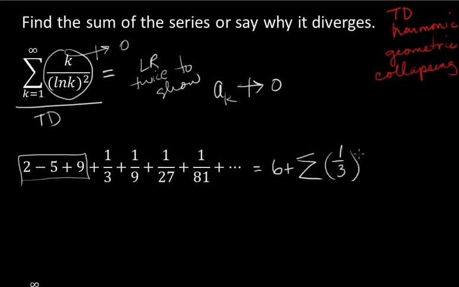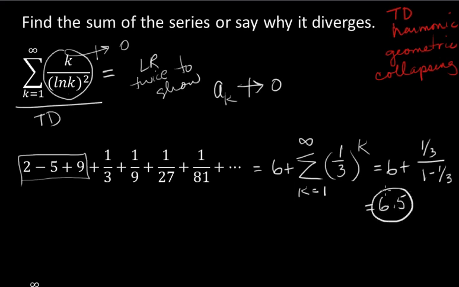These are powers of 1/3, so I'll write 1/3 to the k, from k equals 1 to infinity. Alright, so this does converge, and it will be 6 plus the first term, 1/3, over 1 minus r, 1 minus 1/3. That's equal to 1/2, so it converges to 6.5.